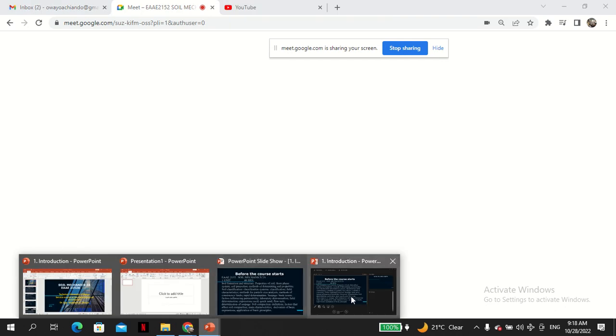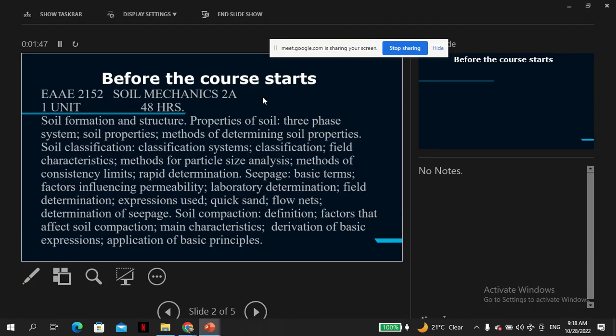Talk about soil formation, the properties, methods of determining the properties. We talk about the classification systems, field characteristics, methods for particle size distribution or particle size analysis.